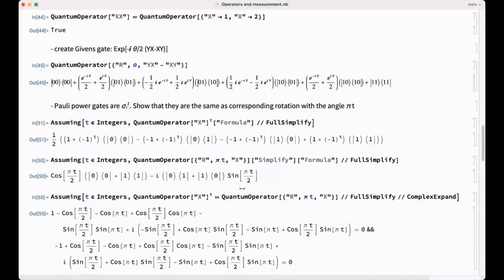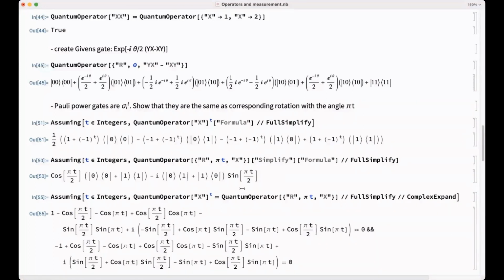Good point. I totally forgot why I added this example. When you are working with any quantum framework, you will have this issue that sometimes we say two gates are equivalent, but this equivalency is always up to a phase.